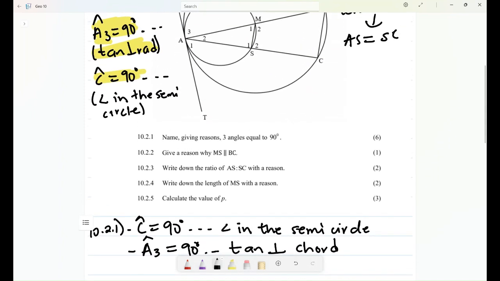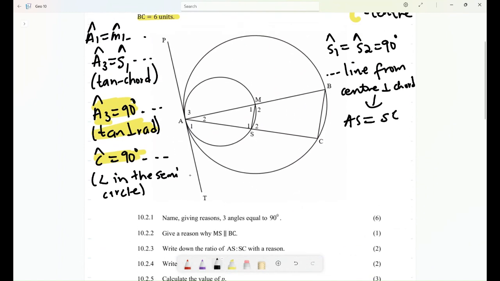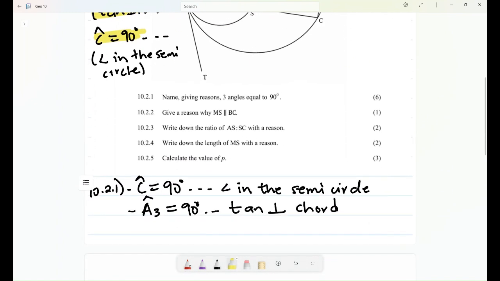Let me see an angle that is equal to A3. Yes, I have an angle that is equal to A3. This angle, S1. Angle S1 is equal to A3. So it means angle S1 is equal to 90. I'm going to say angle S1 is equal to angle A3. But I know angle A3 is equal to 90. Why am I saying that?